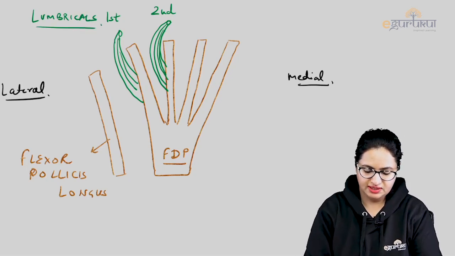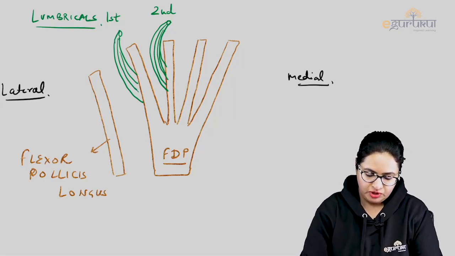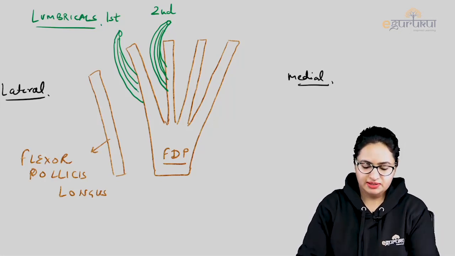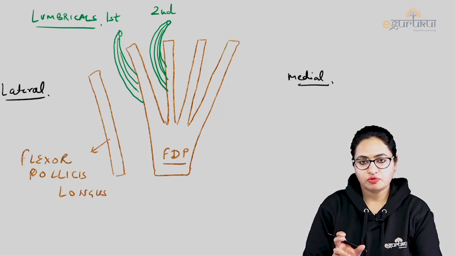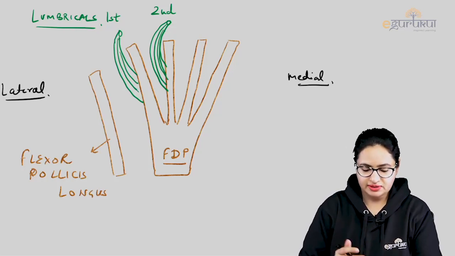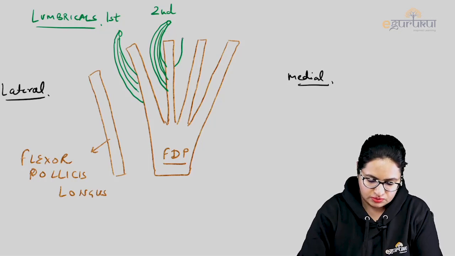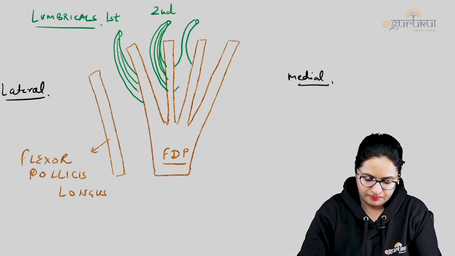And we can very well see they are taking origin from the lateral aspect of the first and second tendon, and both are unipennate. Now when we talk about the third and fourth lumbricals, they are bipennate, so they take origin from the adjacent sides of the tendons. So this is taking origin from the adjacent sides like this.